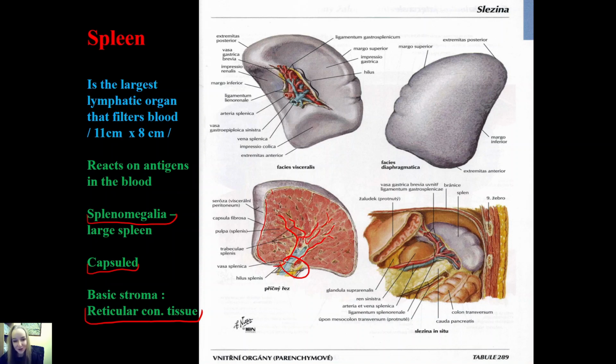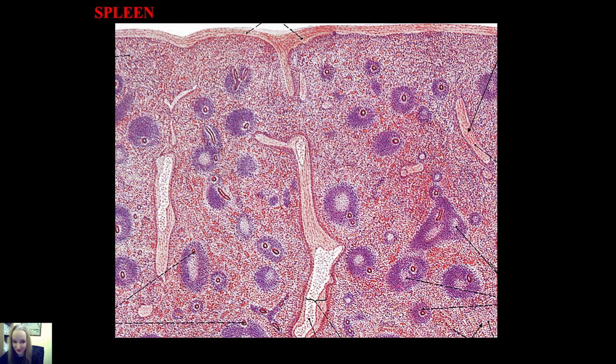So let's start with the basic description of a spleen. This is just a picture of a spleen, and you can see there is a capsule made of dense irregular connective tissue that is going here in trabeculae. These are very small trabeculae. Sometimes we can see only some partial sections.